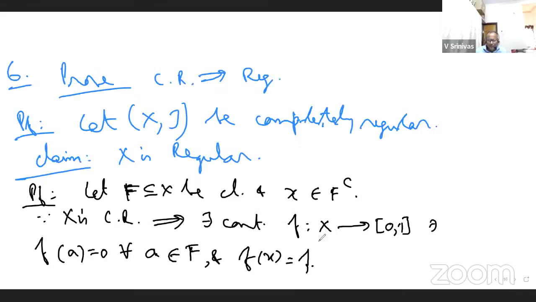Now look at these sets. Where is this f mapping? f is mapping X into [0, 1].